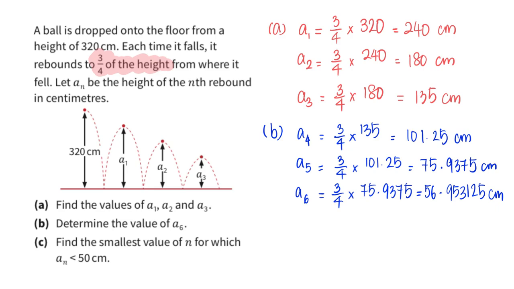Part C. Find the smallest value of n for which An is less than 50 cm.